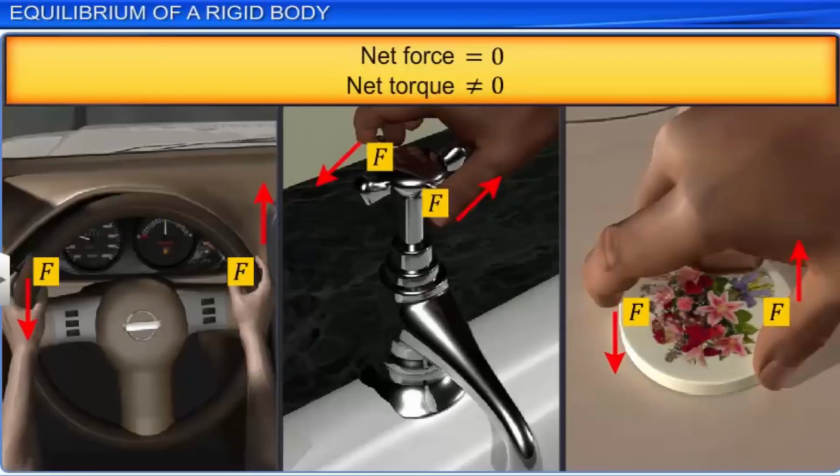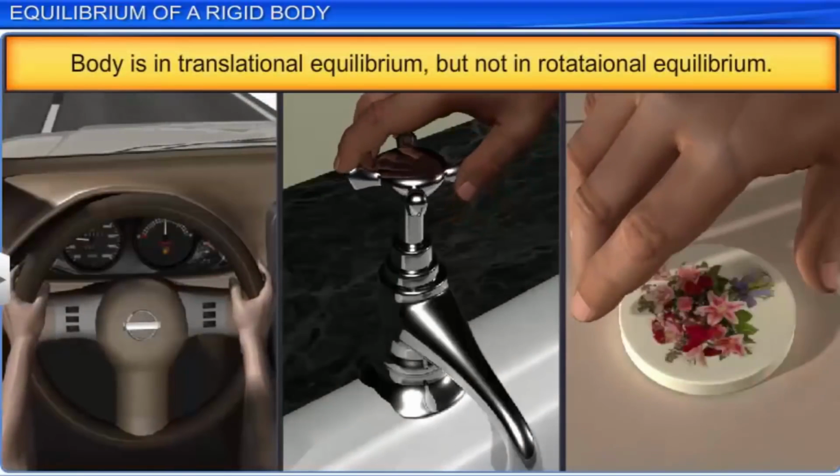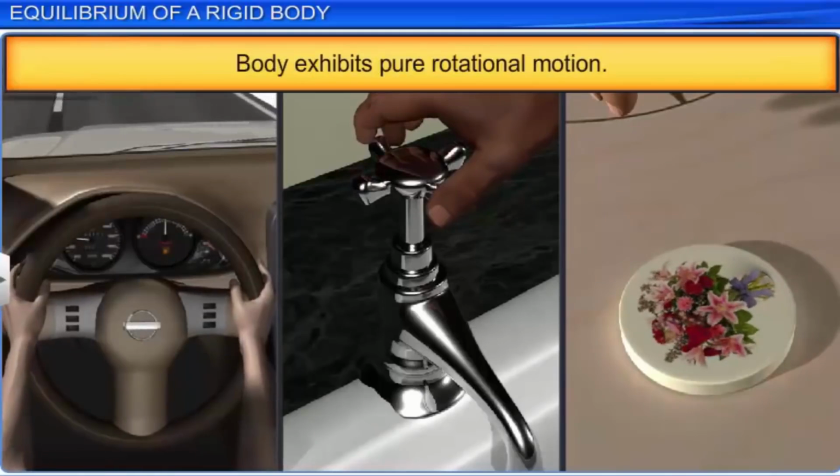What happens if the net force acting on a body is 0, but the net torque is not 0? In such cases, the body is said to be in translational equilibrium, but not in rotational equilibrium. The body exhibits pure rotational motion.